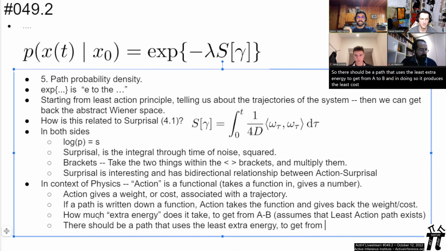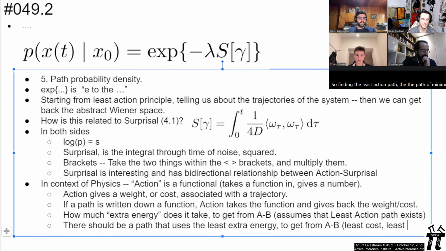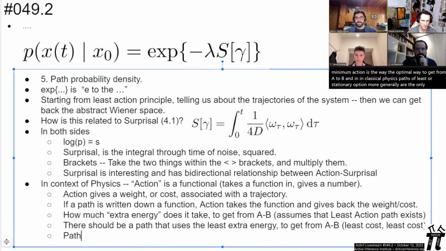So finding the least action path, the path of minimum action, is the optimal way to get from A to B. And in classical physics, paths of least or stationary action more generally are the only acceptable paths.